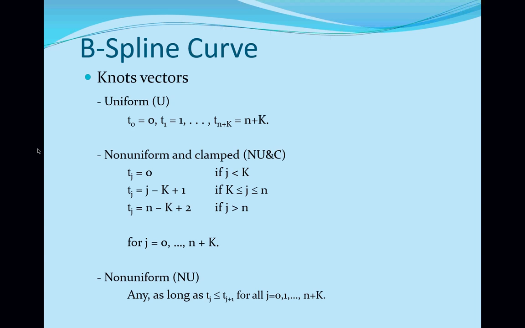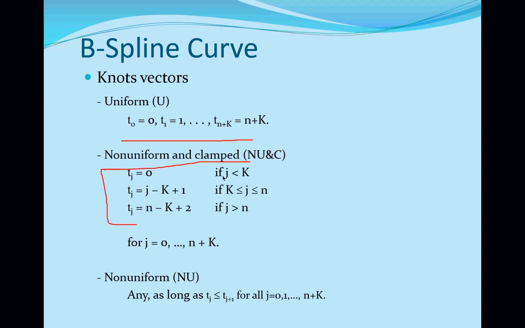You might be more familiar with the NURBS technology. So these are the knot vectors. If it is non-uniform and clamped, then this is how I am going to get the T.